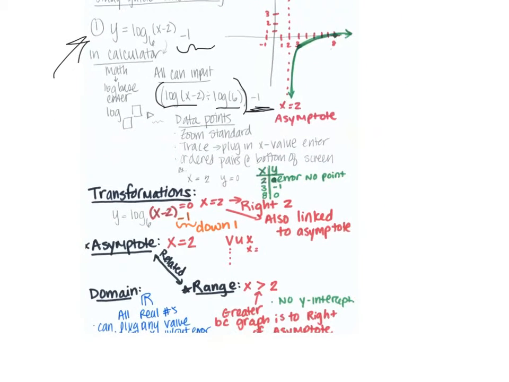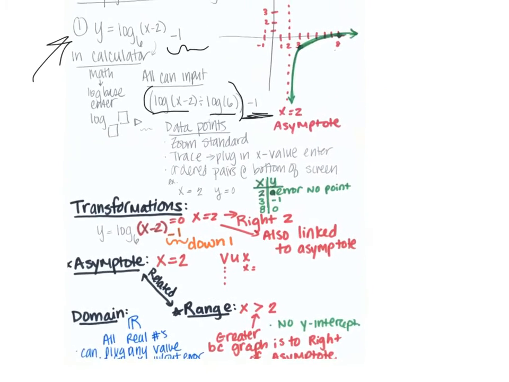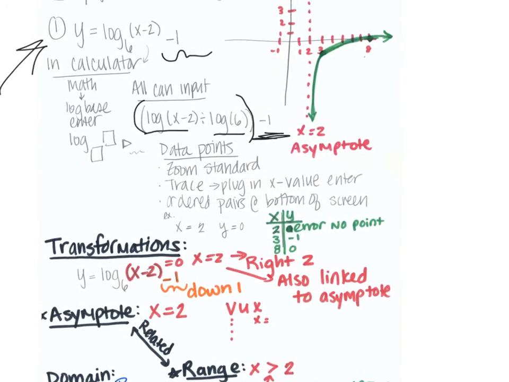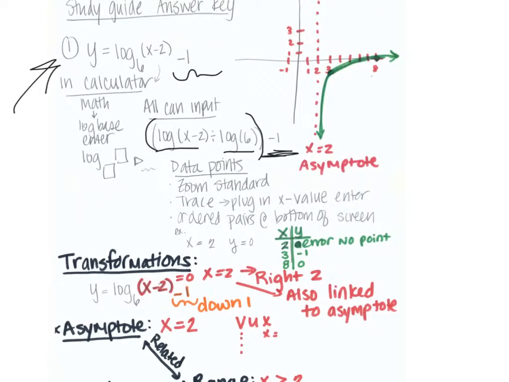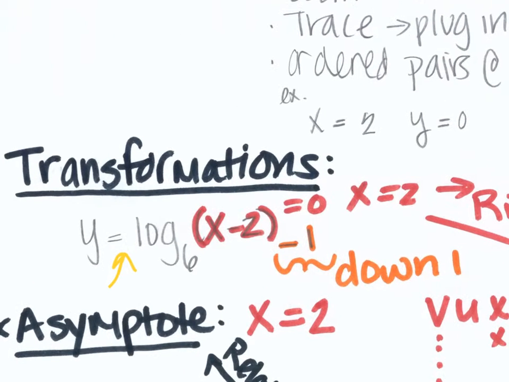Now let's talk about transformations. For logs or any transformations, what we're going to do is first scan across, and we don't see anything going on right here, which would be a reflection or stretch or shrink.